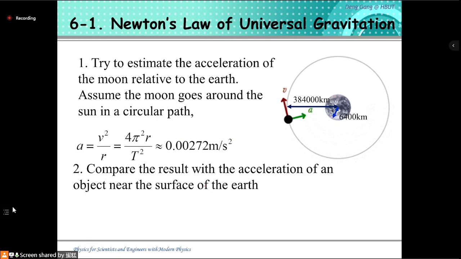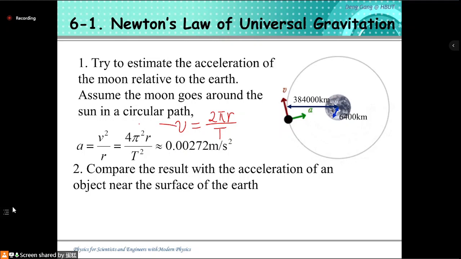Here, according to the laws of circular motion, v is equal to 2 pi r, the length of the path, over the period, right? That's the speed. The length of the path is 2 pi r, and the period is T, so that's the speed.